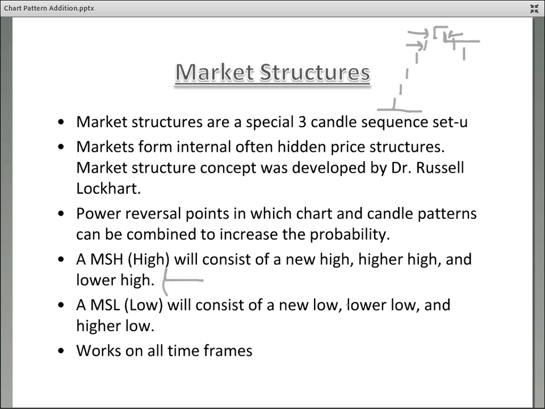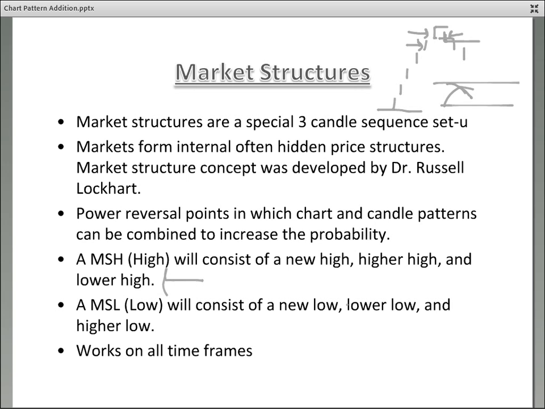Not only do you need that, but you also need stochastics to cross down. If you have the stochastics crossing down and you have the 3-candle sequence, you may have caught yourself a nice reversal. Any questions so far?